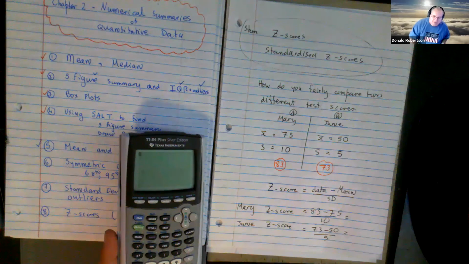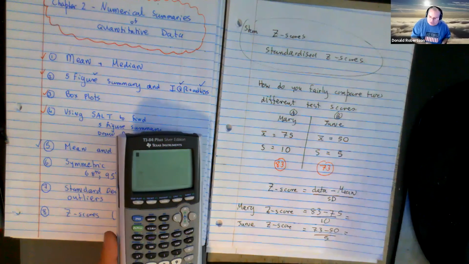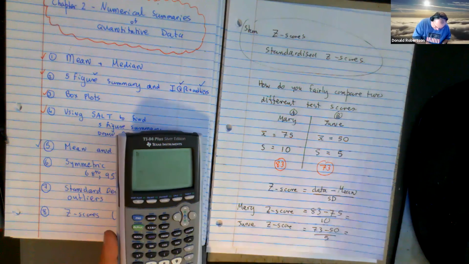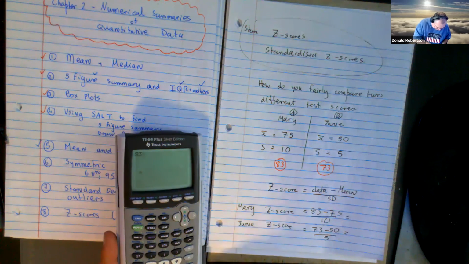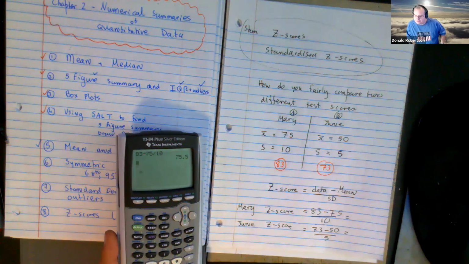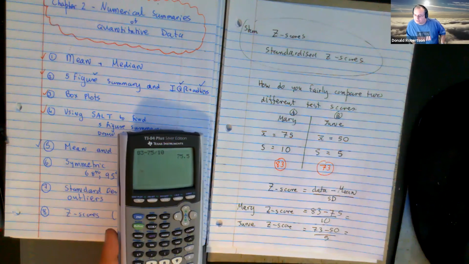We're back again. So I'm going to show you this calculation here. I'm going to do it wrong. 83, take away 75, divided by 10. That's the wrong answer. It's not the correct answer. What do I need to do to get the right answer?